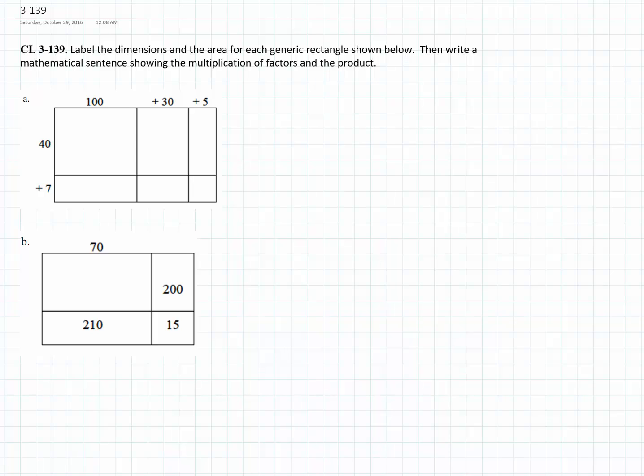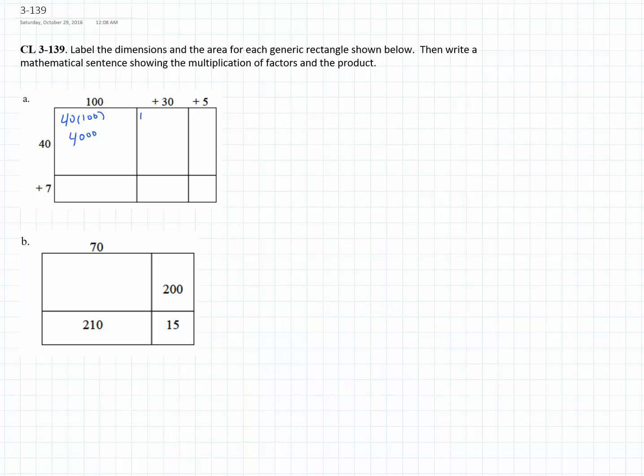Okay, so for A, it looks like we have the length and the width already. We have the 40 and the 100, so to find the area of this rectangle, we're going to distribute the 40 with the 40 times 100, 40 times 30, and 40 times 5. So here we'll have 40 times 100, 4 times 1 is 4, and there's 1, 2, 3 zeros, so it's going to be 4,000.